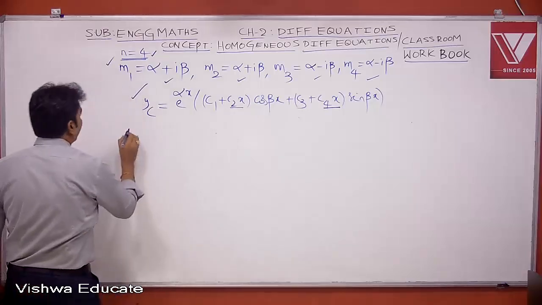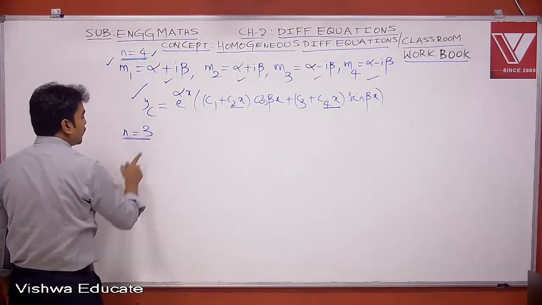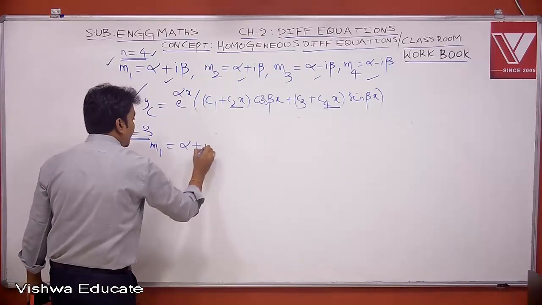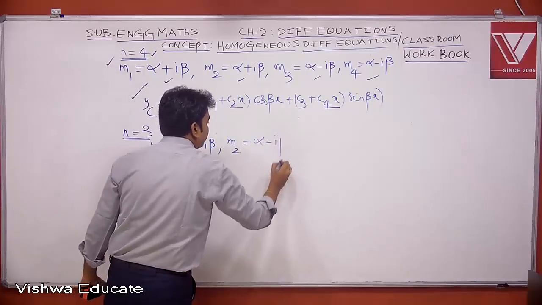Another possible case is, suppose I am working with n equal to 3, third order homogeneous linear equations with constant coefficients. Suppose m1 equal to alpha plus i beta, m2 equal to alpha minus i beta.